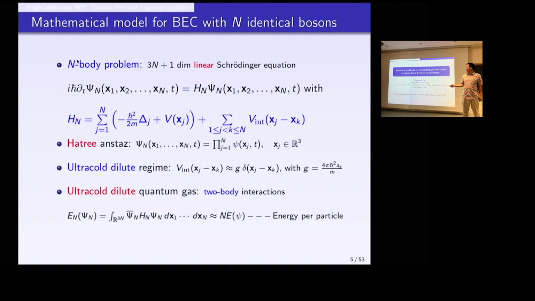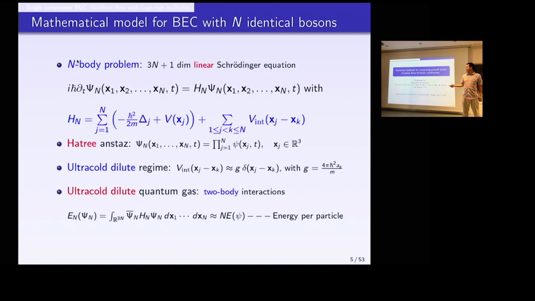This derivation has been shown previously in Ricard's talk. Here this is the many-body Hamiltonian, and here we only include the binary interactions between the particles. They are in the BEC state, so they can be described by this single wave function, and we have this simple approximation to the interatomic potential.